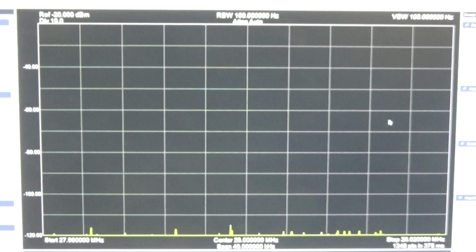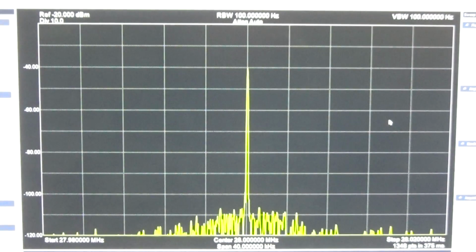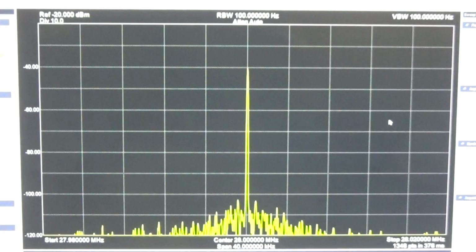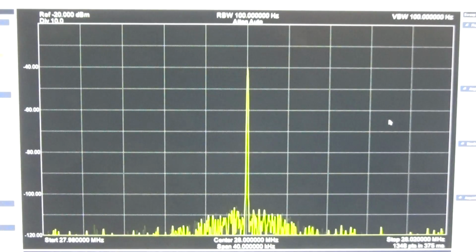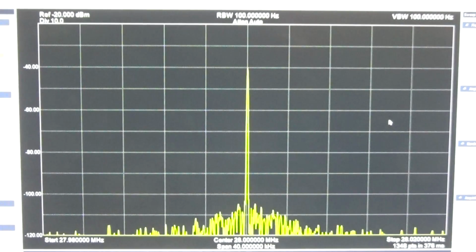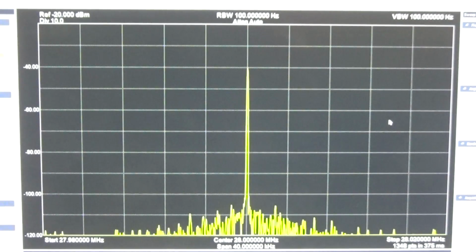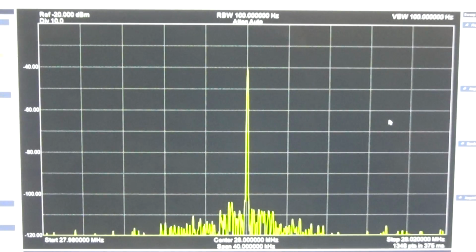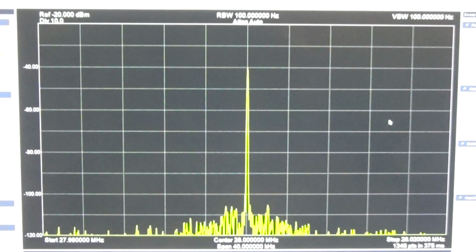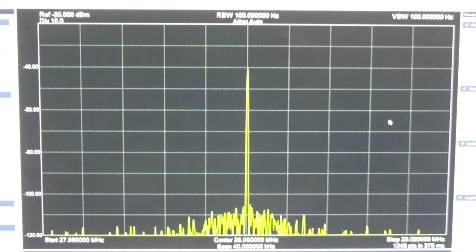So first of all, we have here a carrier, right? What we see here is a carrier without any audio information on it. Now a carrier on its own is senseless, because we cannot carry any information.